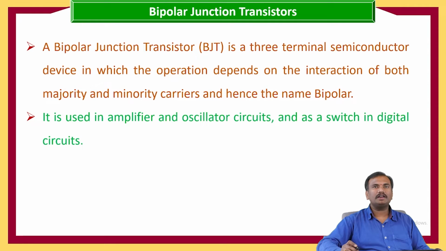It is used in amplifier and oscillator circuits and as a switch in digital circuits. As a diode worked as a switch, in the same way, a transistor also will work as a switch in digital circuits.